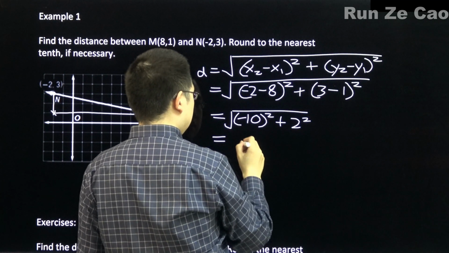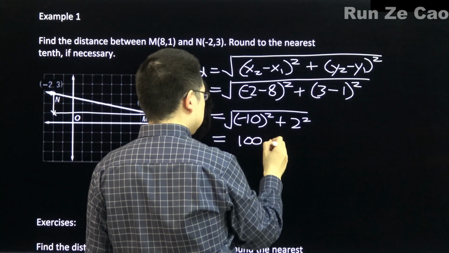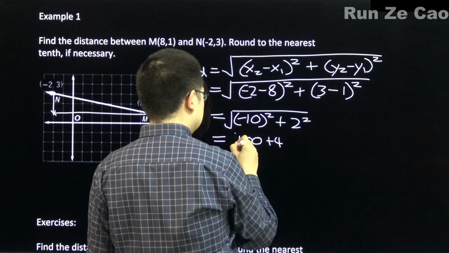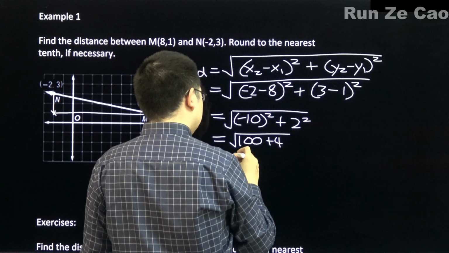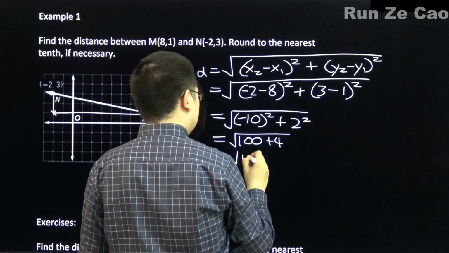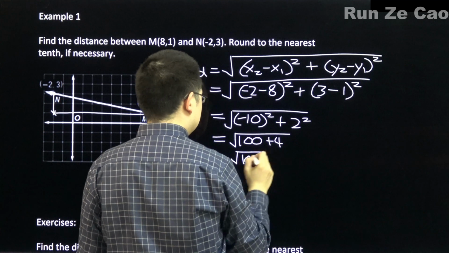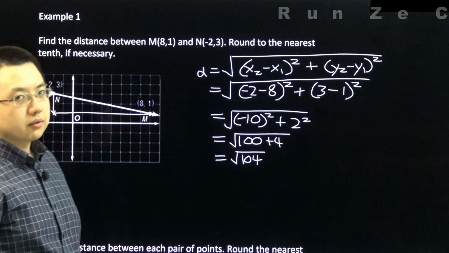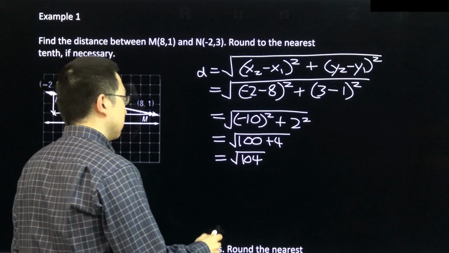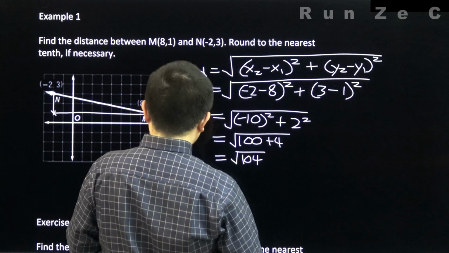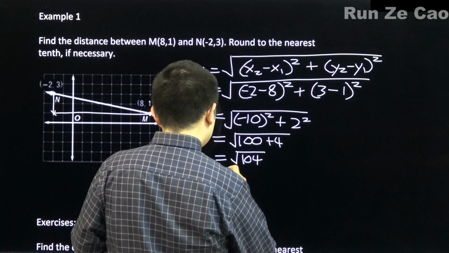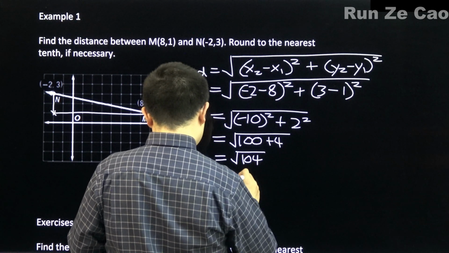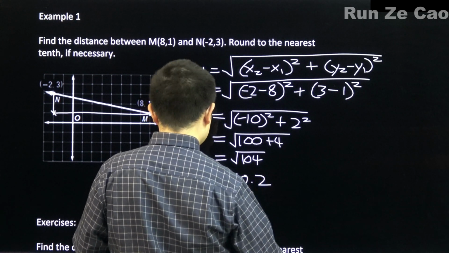So that is 100 plus 4, which is root of 104, or 2 times square root 26. Round to the nearest tenth if necessary. That's the square root of 104, approximately 10.2.